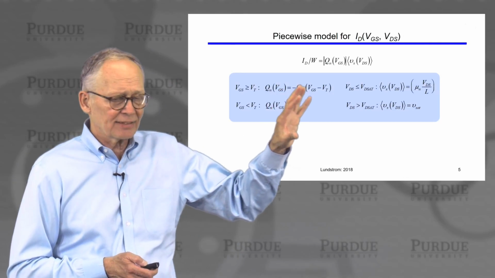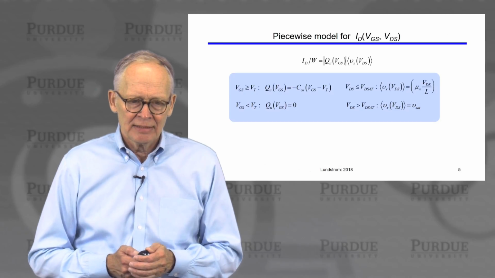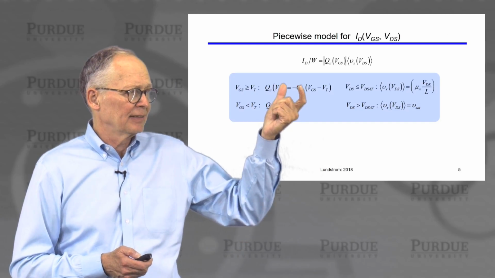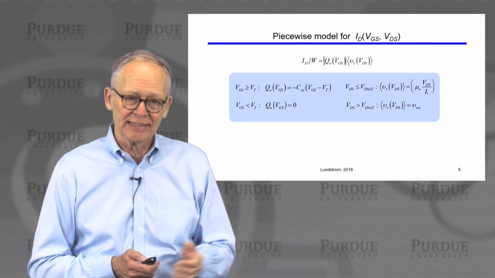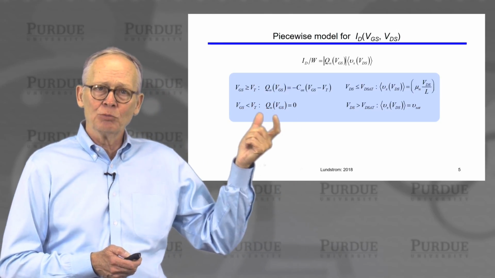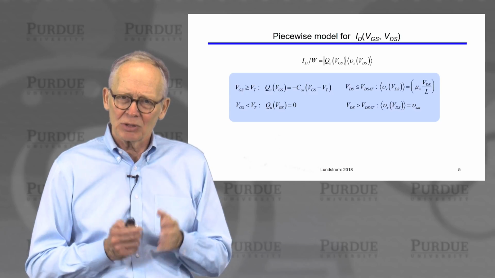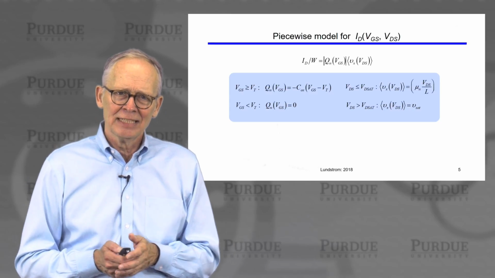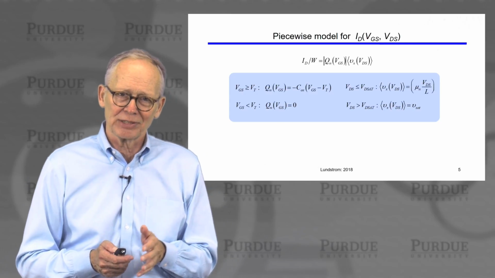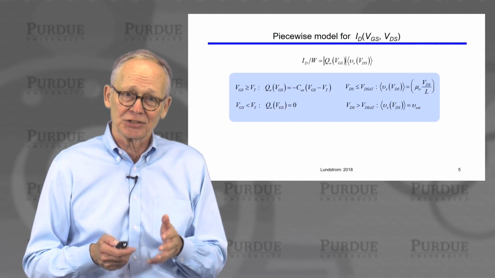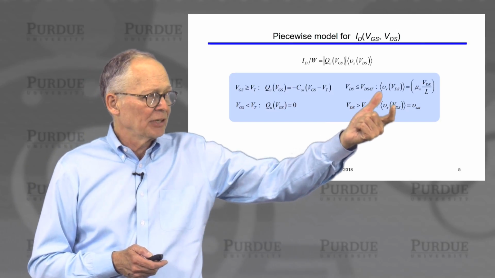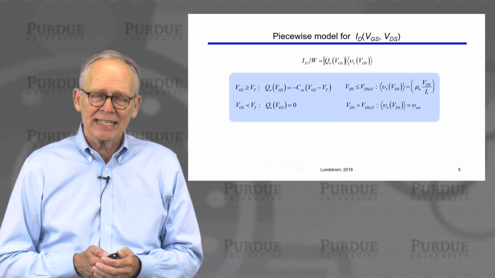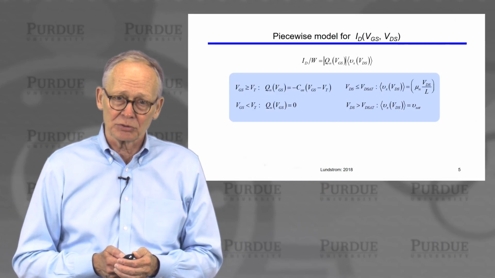All right, so this is our piecewise linear model. We're assuming that the mobile charge above threshold is minus Cox times (Vg minus Vt), and that there is no mobile charge below threshold. We'll have to do better than that later because that mobile charge below threshold constitutes the leakage current that is important in modern transistors. We also have an expression for the current in the low drain-to-source voltage regime.